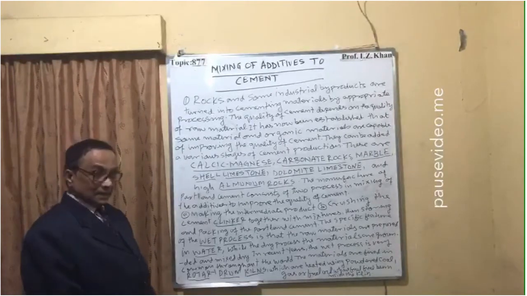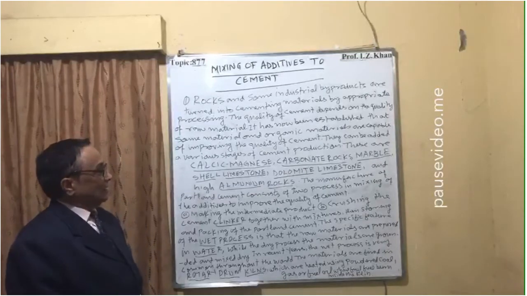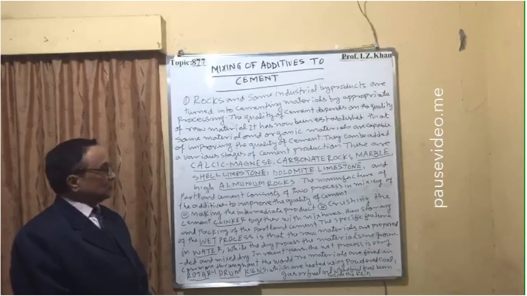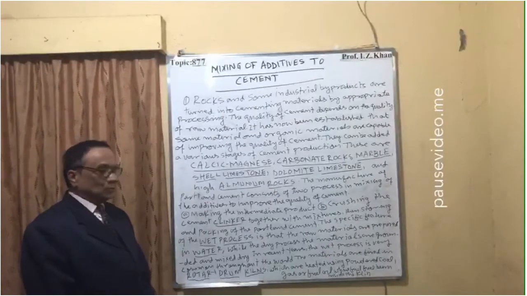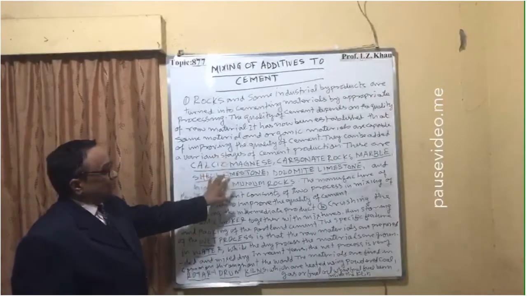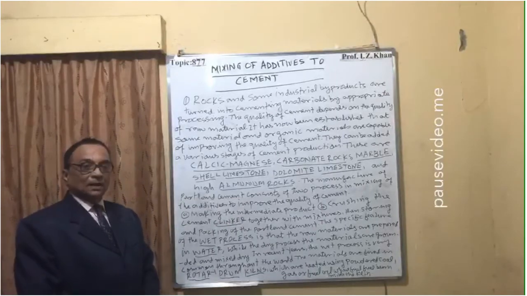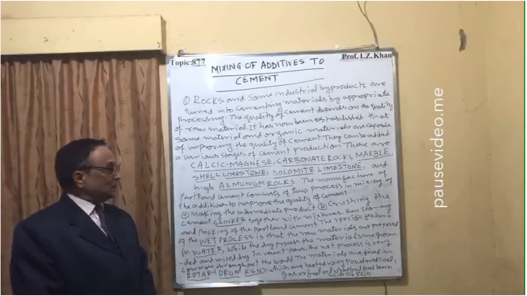They are all additives to improve the quality of cement. Then next, marble, shell limestone, dolomite limestone, and high aluminum rock. So these are additive materials. When they are added to simple Portland cement, the quality can be drastically improved.